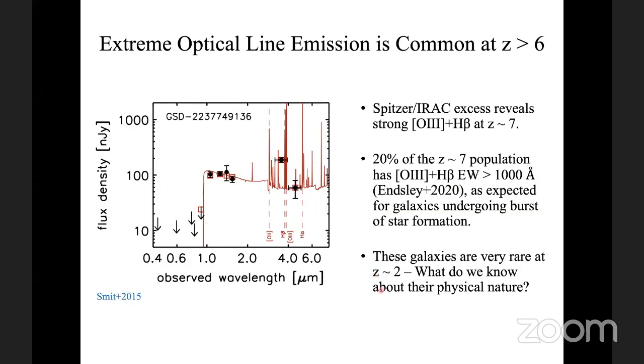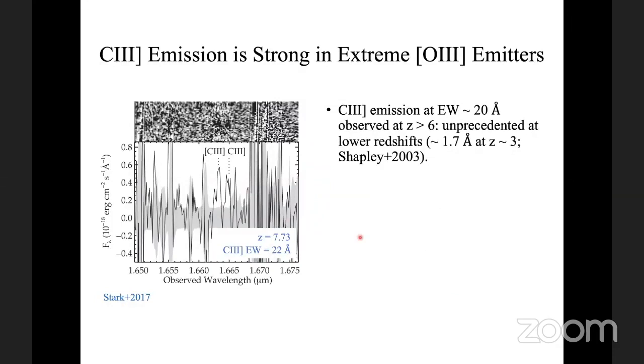So what do we know about their physical nature? Currently, we have learned two things from their spectra, which seem quite surprising. The first, as we heard from the last talk given by Ramesh, is that carbon-III] emission in these extreme bursts of galaxies at redshift larger than 6 is often detected with an equivalent width of about 20 angstrom.